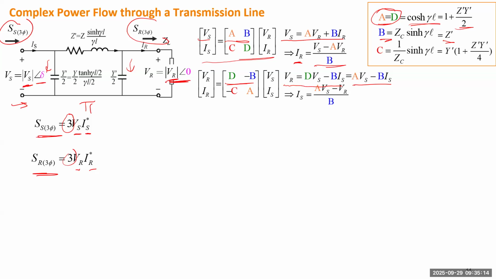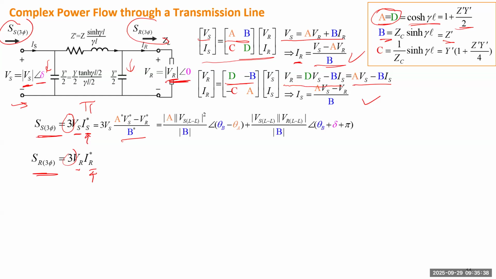That's what we learned starting from section B. So next we just plug in the expressions we got for IR and IS. So we'll have a formula for the complex power only depending on the voltage phasors on both sides.